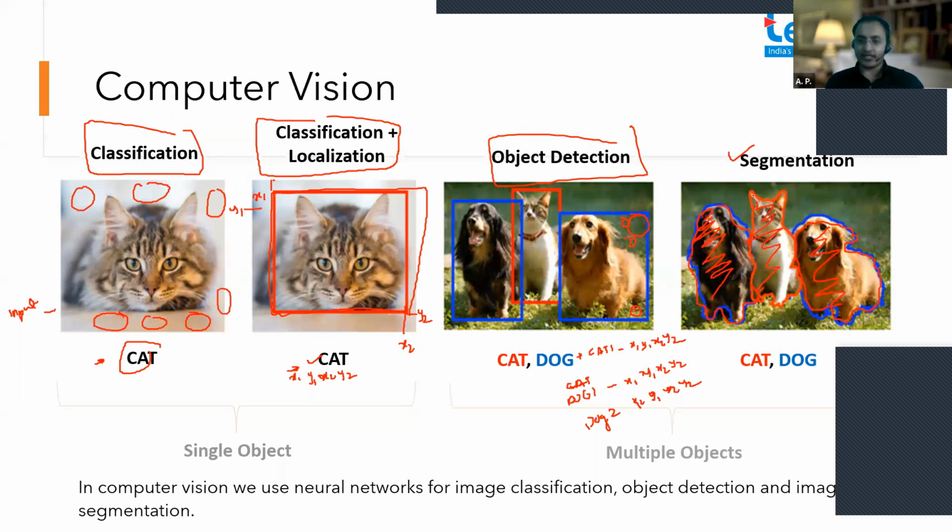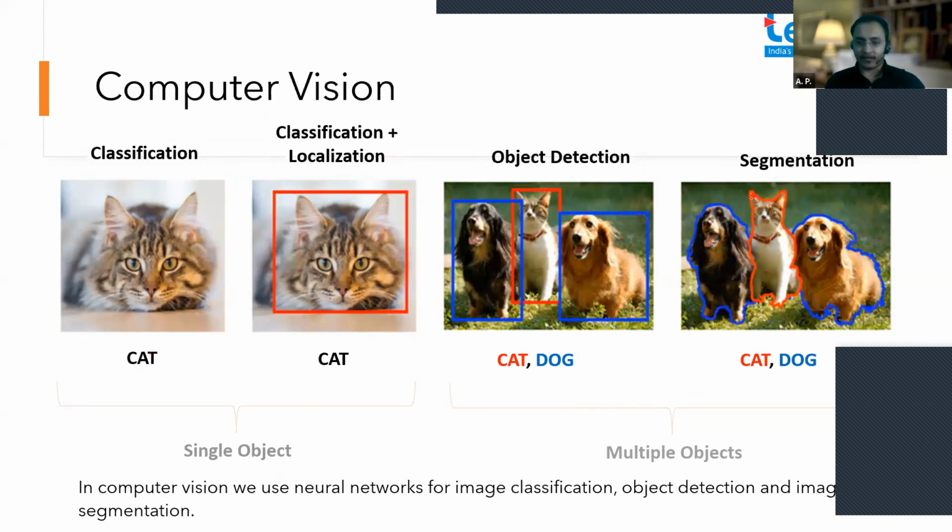As we said, it separates the whole object, and it might say this particular portion is representing a cat, and the other portion is representing the dog.